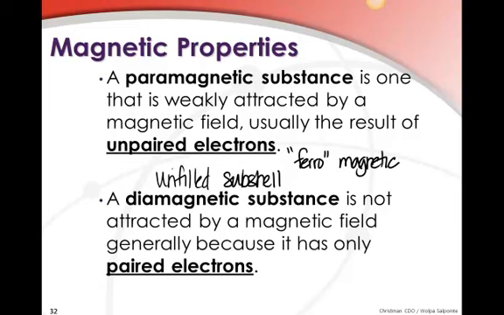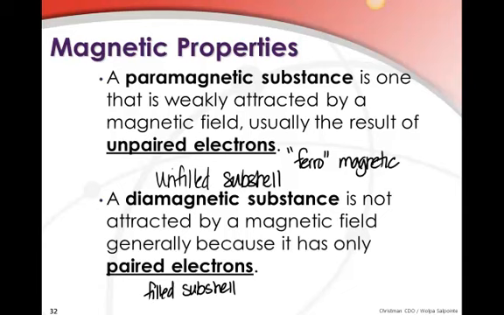A diamagnetic substance is not attracted by a magnetic field, and this is because it has only paired electrons. So this would be when a given orbital is filled, or the last orbital is filled. So, for example, the alkaline earth metals have paired electrons in the s sublevel, which is the outermost sublevel, which means they are diamagnetic.